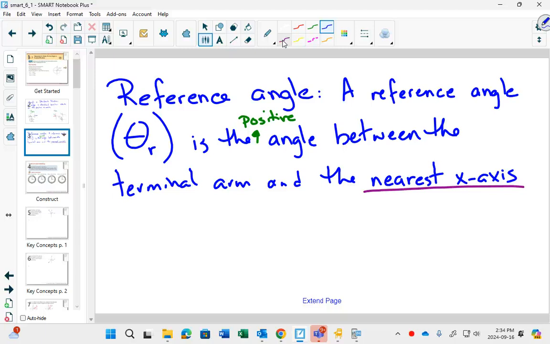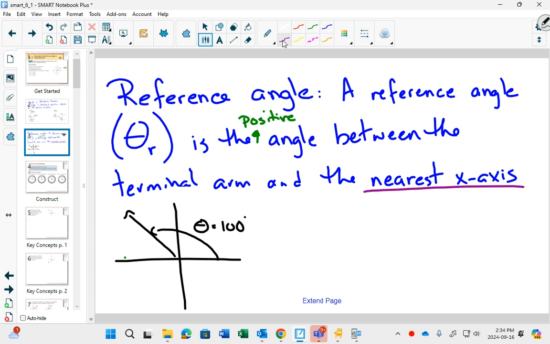So for example, and now we'll do some examples. Could you give me the definition of terminal? Yes. If we took an angle of 100 degrees, so our angle theta is 100 degrees, where the angle ends is your terminal arm. Terminal is like terminates, like where a train ends, at the terminal.